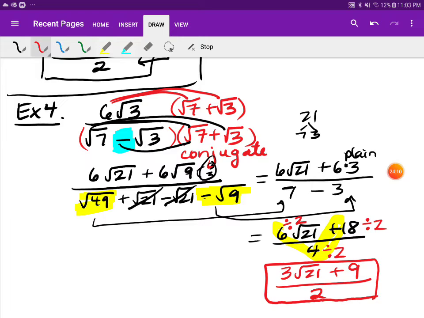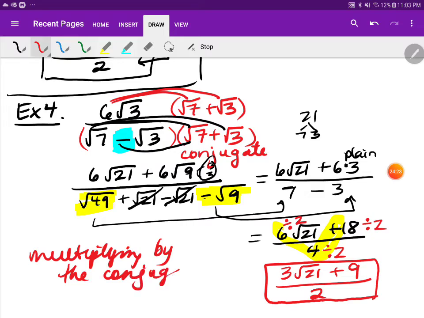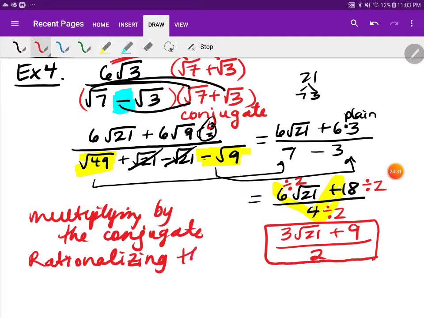Anyway, this is called multiplying by the conjugate. And it's also called rationalizing the denominator.